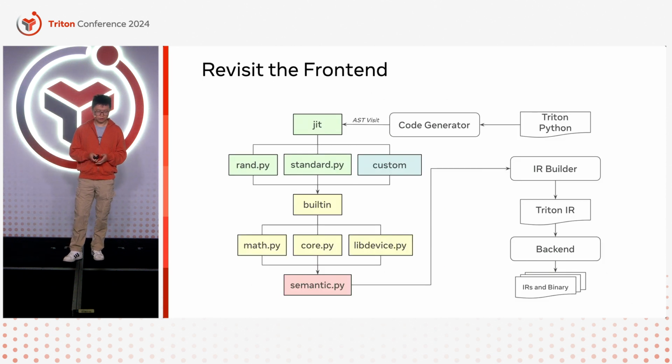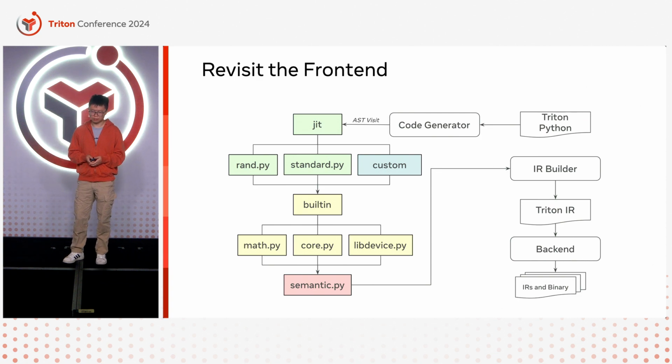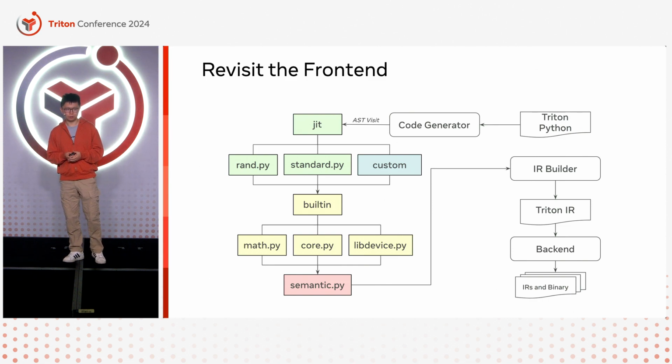Okay, so before introducing the use of Triton interpreter, I want to remind you of some background context about Triton's front end. We begin with some Triton programs written in Python. Then to generate executable binaries, the Triton compiler is going to invoke a module called the code generator, which is going to iterate over the AST of the Python function.